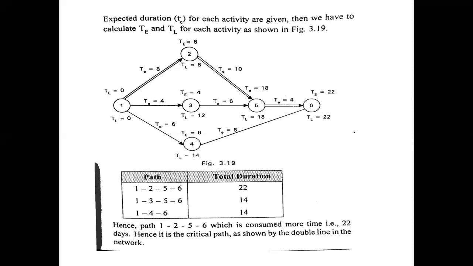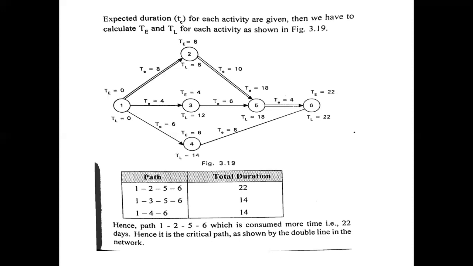After finding the two values, you have to calculate the slack for each and every node. And after calculation, you have to connect all the nodes which have a slack value of 0. The nodes which have slack 0 give the critical path.